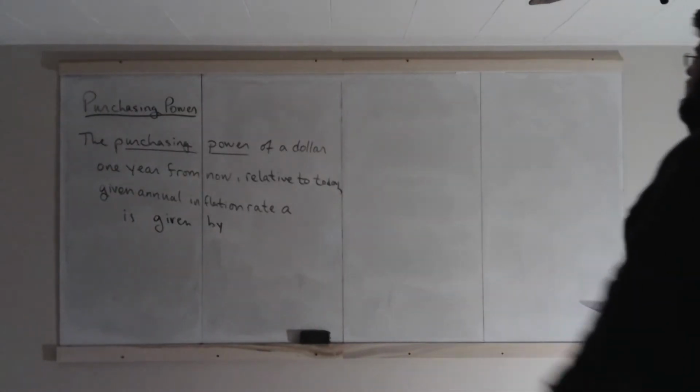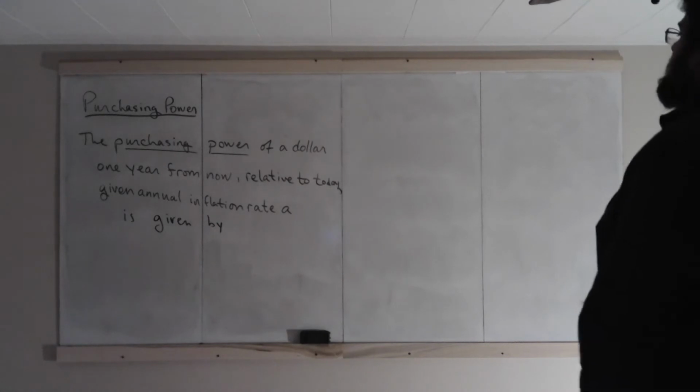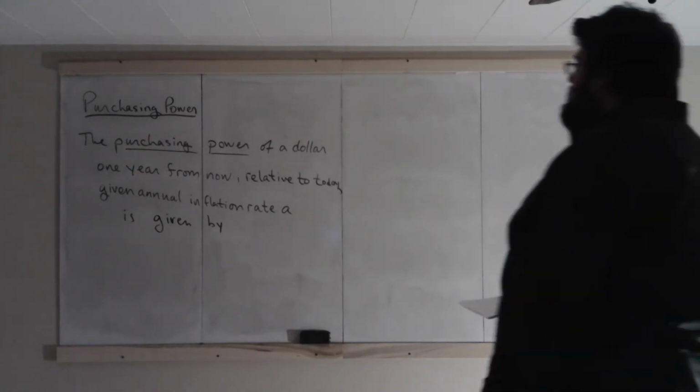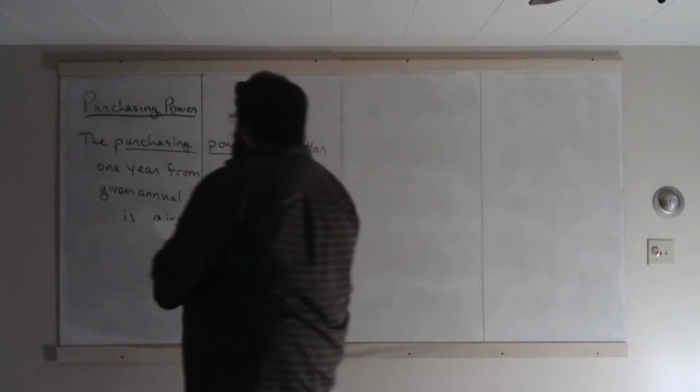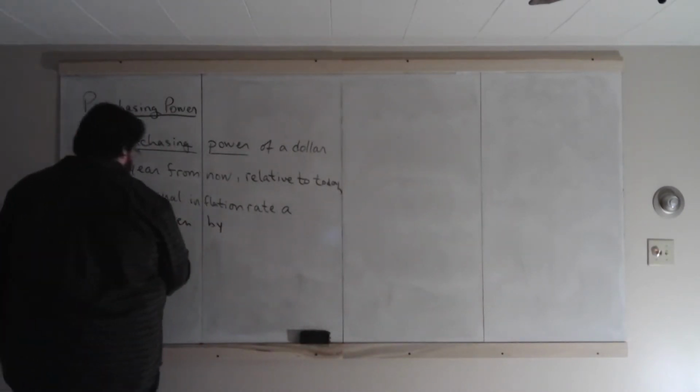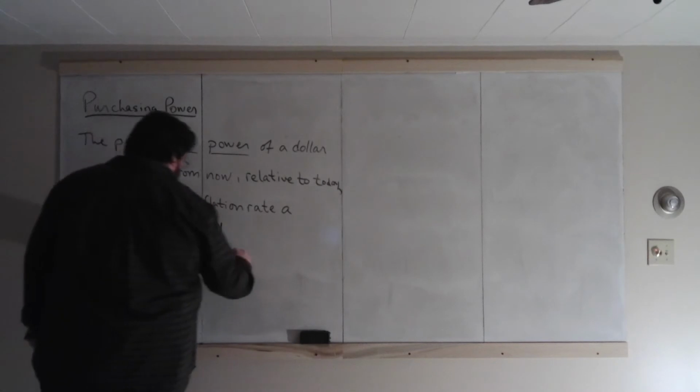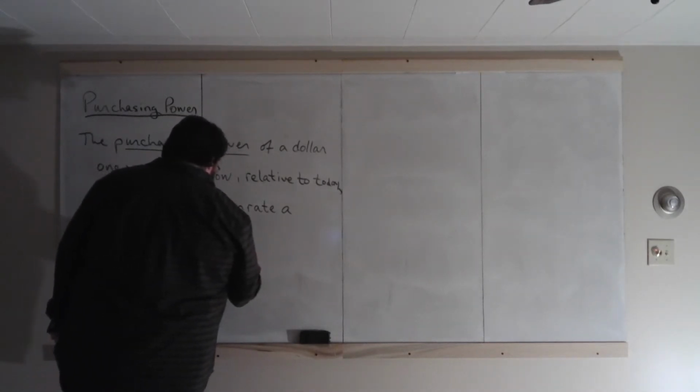The purchasing power of a dollar 1 year from now relative to today, given annual inflation rate a, is given by a ratio for starters. But which one? Let's say today it's worth $1.